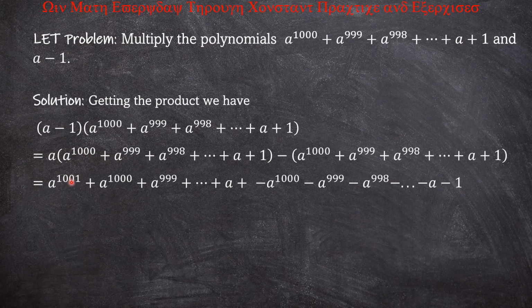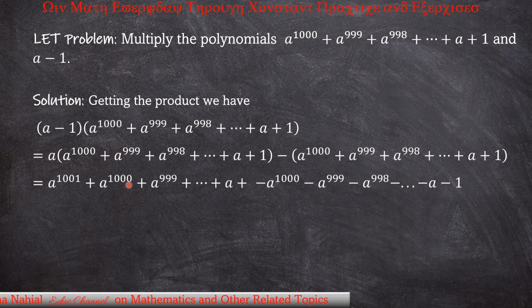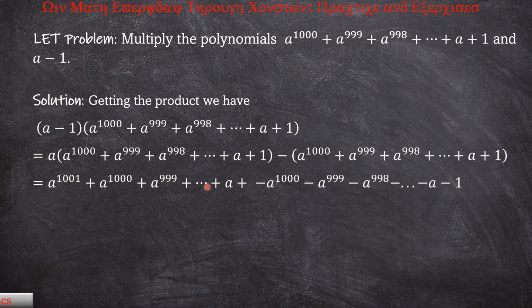So 1 plus 1000 is equal to 1001. Then a times a raised to 999: 1 plus 999 is equal to 1000. The process continues up to a times 1, which is equal to a.